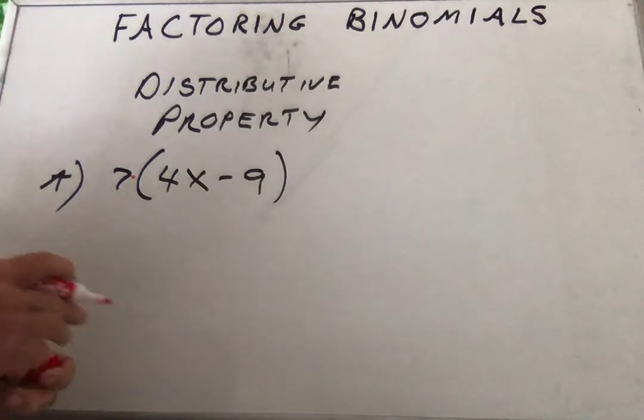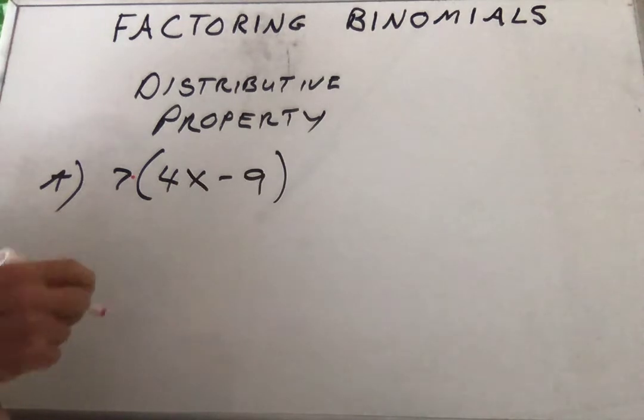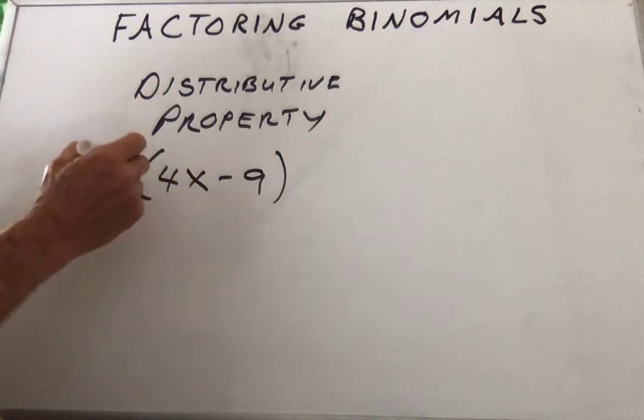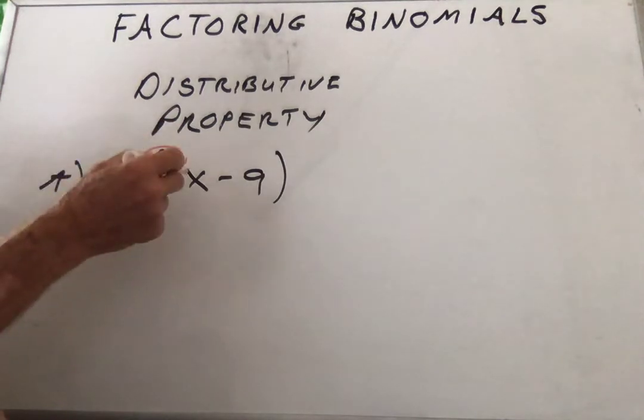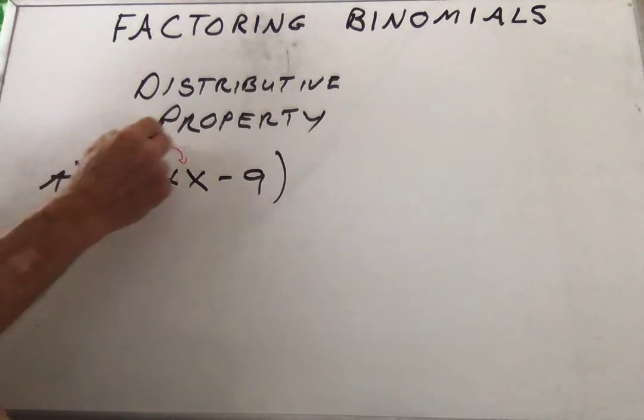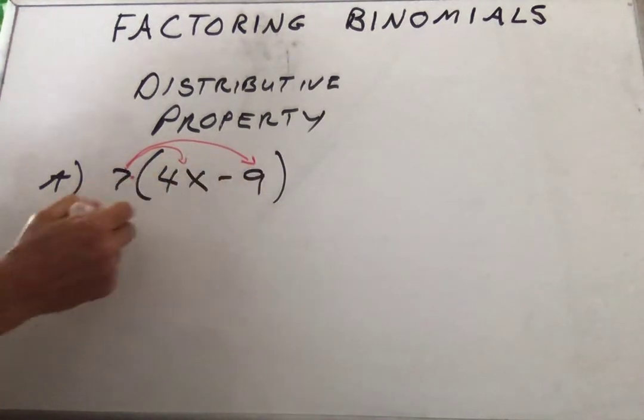It can get tricky with negatives. We're going to not get too fancy with that. Leave that to your regular education classes to get you a lot of practice. You'll see teachers do this a lot. They'll draw arrows to remind you you're multiplying 7 times 4x, and you're also multiplying 7 times negative 9.